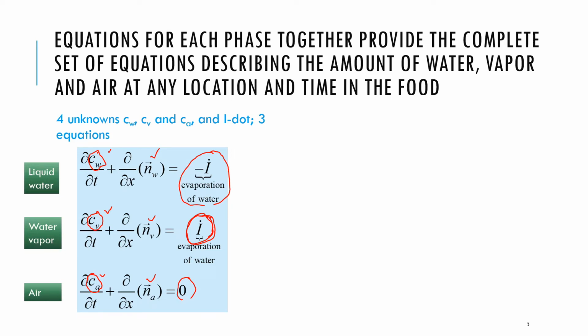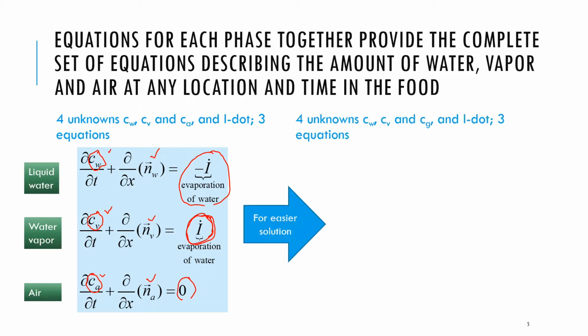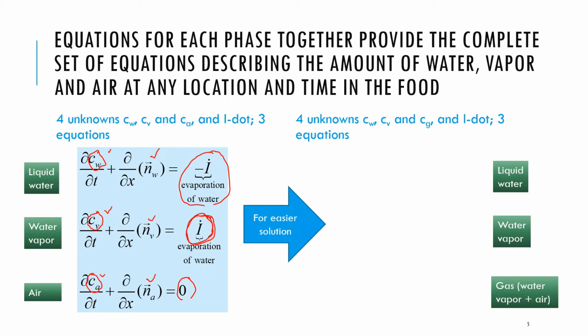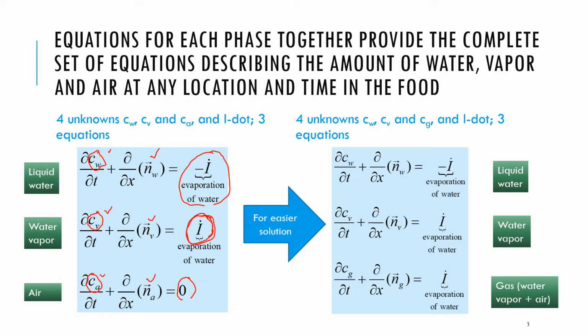Now for easier handling, this set of equations is slightly rewritten. So again, we have liquid, and for water vapor, they don't get changed. But for air, we combine vapor and air together and call it the gas phase equation.